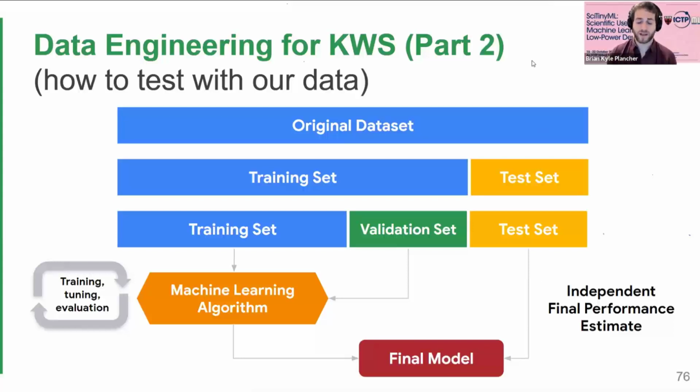We don't really have time to talk about that today, but long story short, get an independent test set. It will make your model a lot better, or it'll at least give you a better sense of how it will work in the real world. Because the assumption here is that if you've done a good job collecting data, then this independent set of data does a good job of representing what a real world test would be.